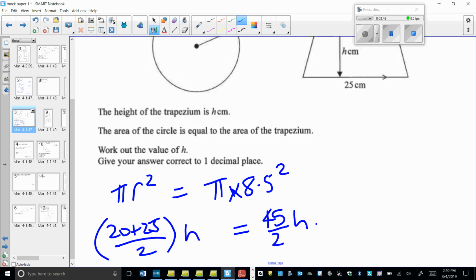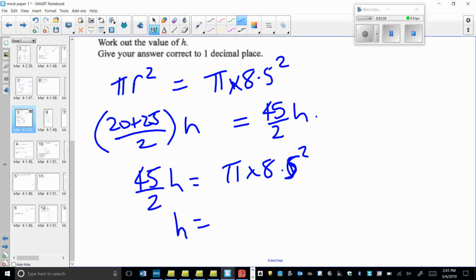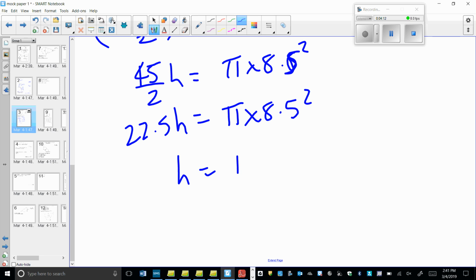They've said that they're equal to each other, and so 45 over 2 h is equal to pi multiplied by 8.5 squared. So h is, well, this is 22.5. So h is going to be pi multiplied by 8.5 squared divided by 22.5.